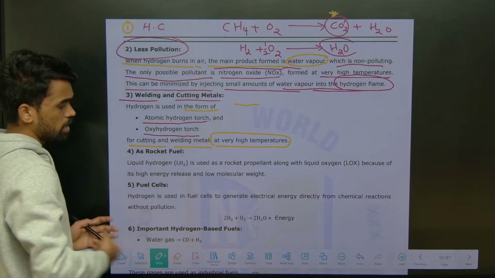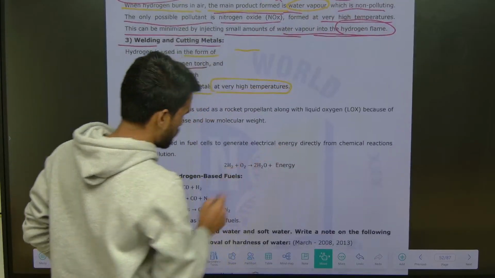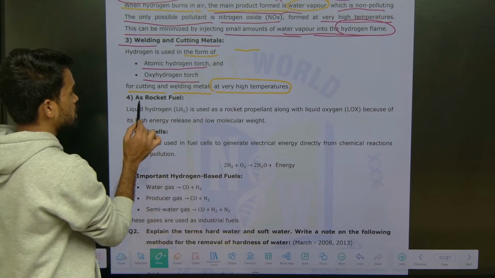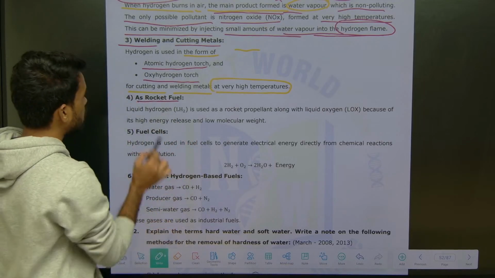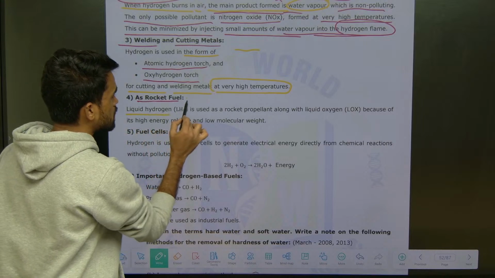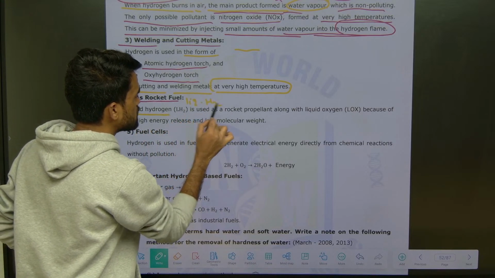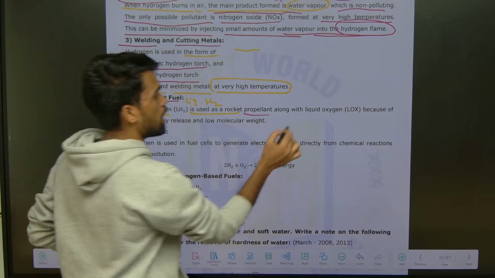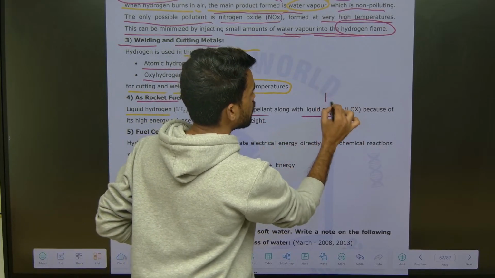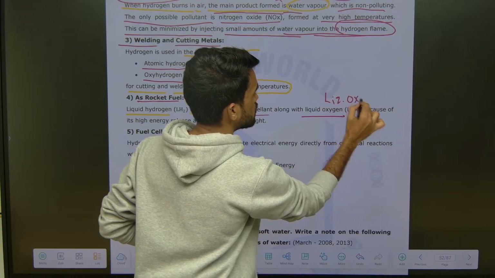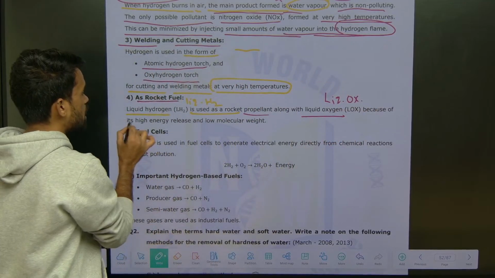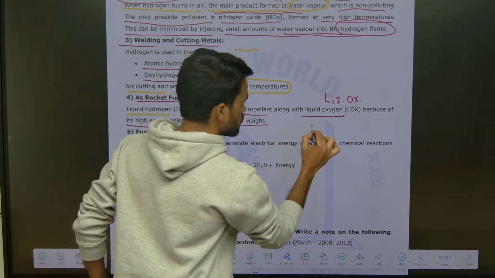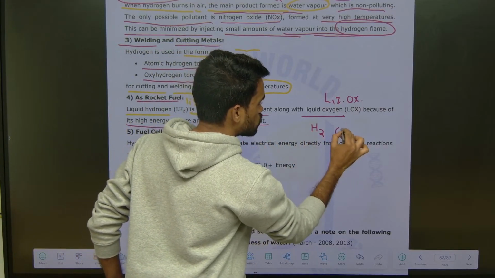That's it. And the next very important application is that it is used as a rocket fuel. Just look here: liquid hydrogen is used as a rocket propellant along with liquid oxygen, because of its high energy release and low molecular weight. See, hydrogen has a very low molecular weight, just 2 grams per mole.